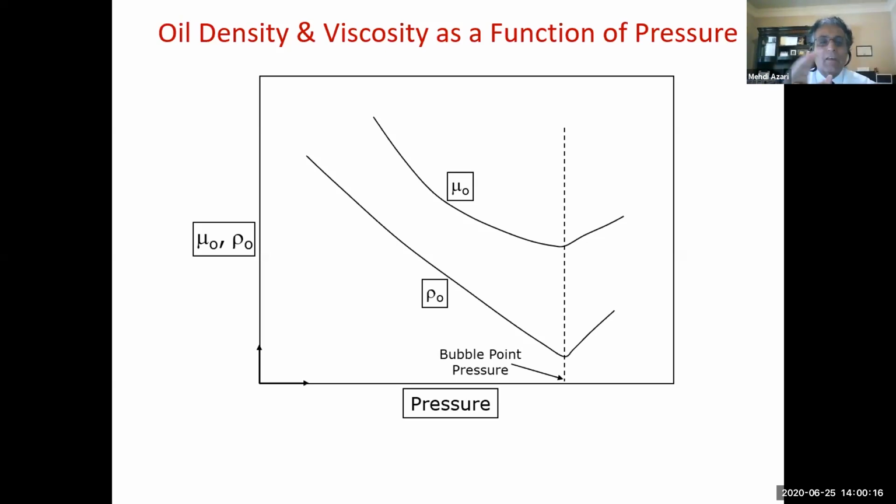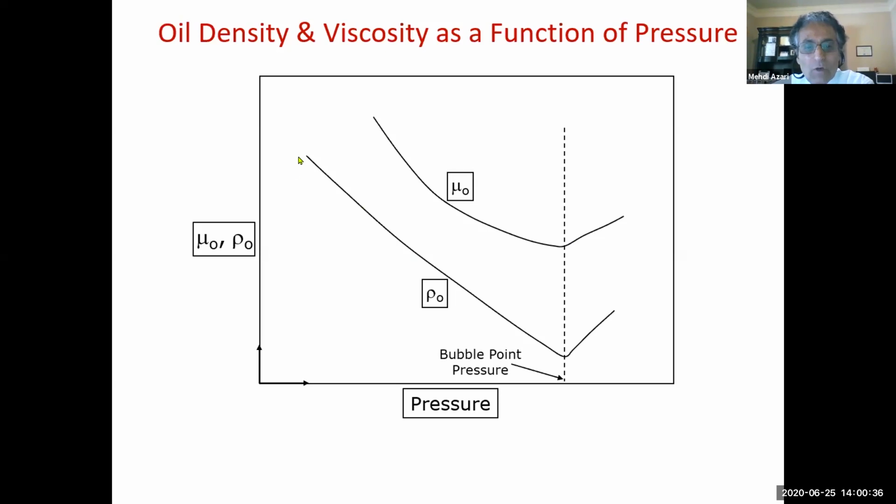Why? Because this is oil inside the reservoir. As I am increasing pressure, I'm getting more gas dissolved. So even this oil, because of compression, is going to get higher viscosity, but because I'm adding some gas into that, that gas is going to expand. So this is because of gas.